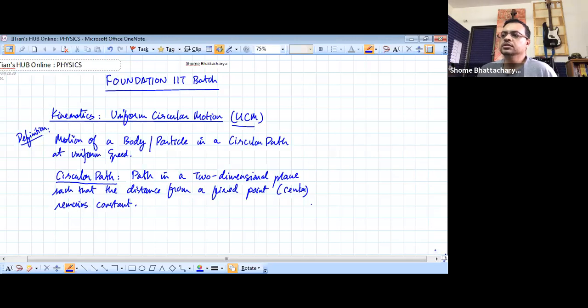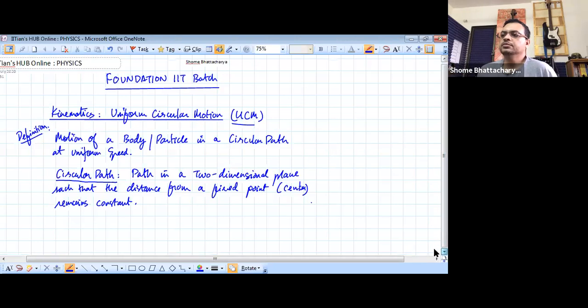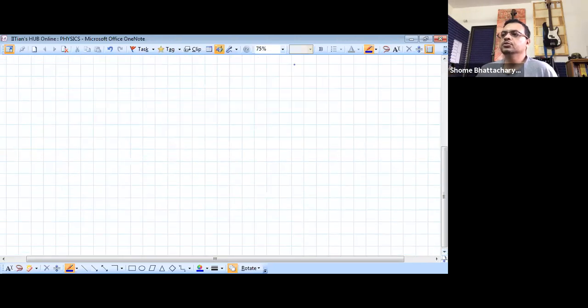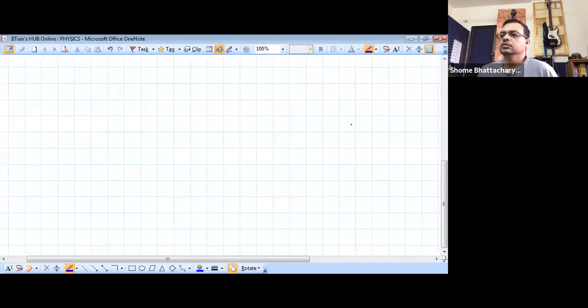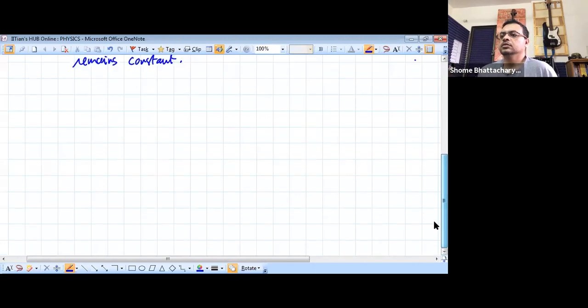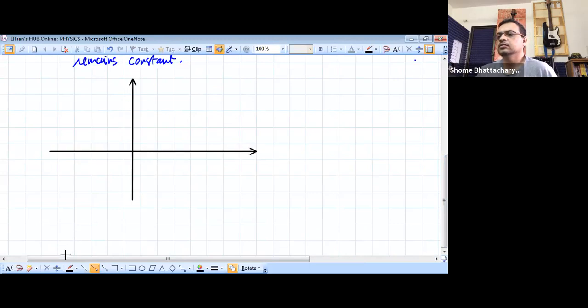Okay, so next thing we'll see that, to describe the circular motion, what we do is we define the two-dimensional plane in which the motion is happening. That is taken as our XY plane. And the center of the circular path is taken as the origin.